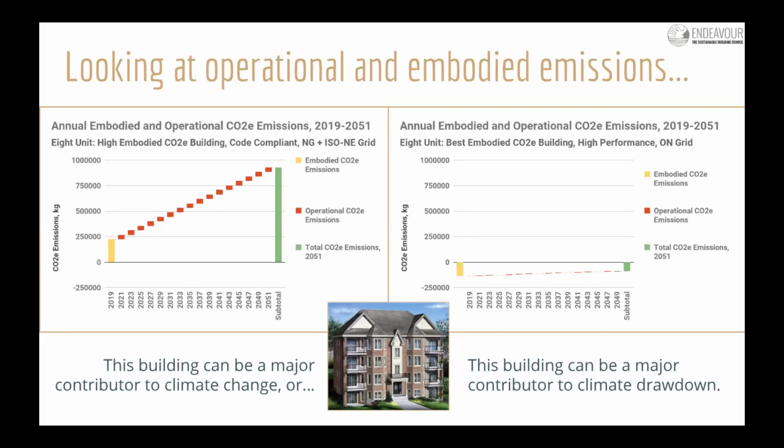Because it's a high-performance building operating on the Ontario grid, which is relatively carbon-free, and it's very energy-efficient, its operational emissions eat away a little bit at that initial storage from the materials, but by 2051, that building is still a net storer, and it remains that way until early in the 2100s.